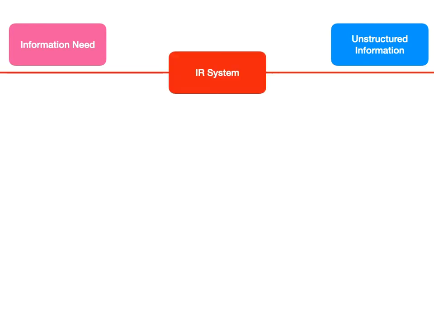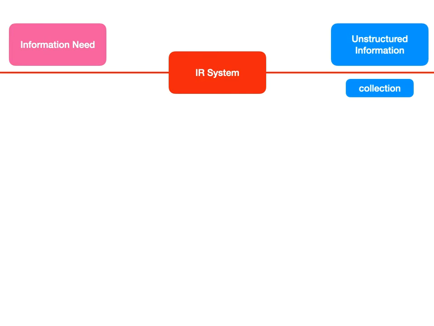So let's do a little walkthrough of our systems. We keep elaborating this, right? So, as always, we start with a human who has an information need, and we know that there's an unstructured information pool out there in the world. So, here comes our information retrieval system, right? Remember, people will come to your system with a need, like a search engine, and they will input their query, and your system will only really work on what you've pulled out of the unstructured information. So, things like your collection, right?